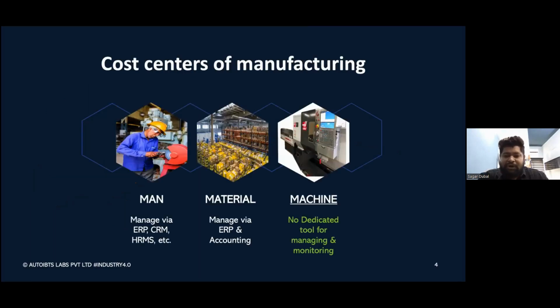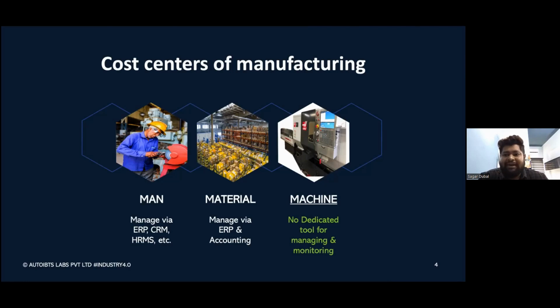When we look into the manufacturing process, there are three key M's which everyone is aware of: man, material, and machine. Till now, we've had systems like ERP, CRM, HRMS, and accounting solutions, which help us manage and monitor the man and material. But how do you monitor your machines? How do you know if they are working efficiently?